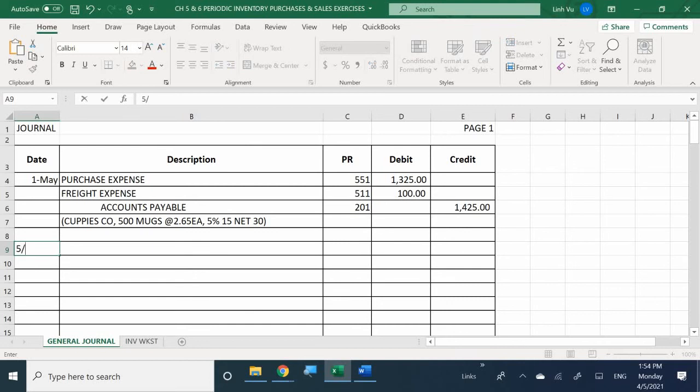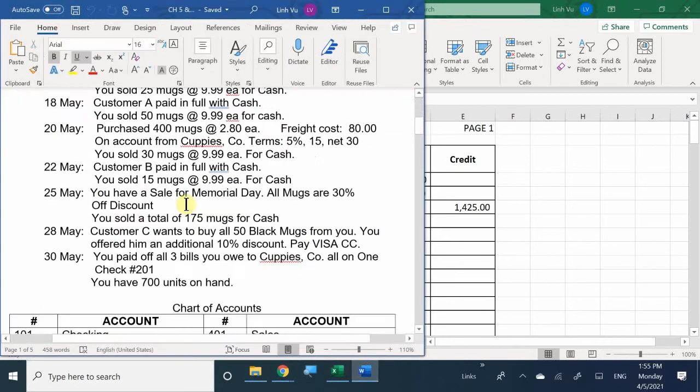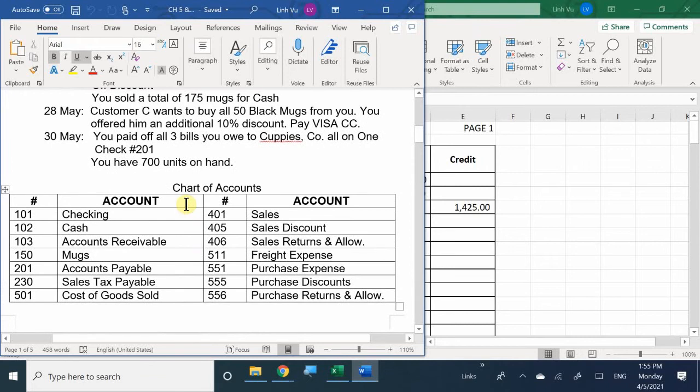So this is May 5th, right? All right. So let's check our chart of accounts. What did we do? Purchase returns and allowances, which is account number 556.